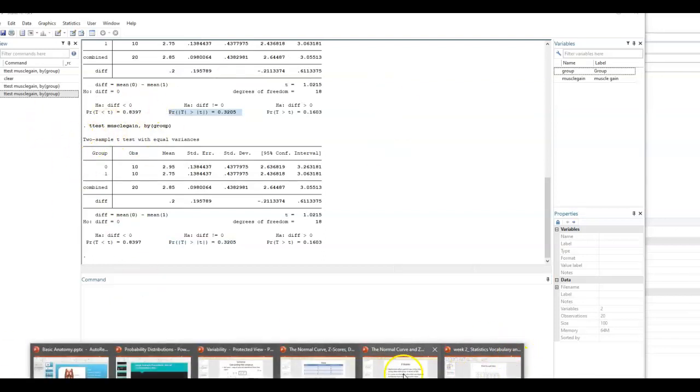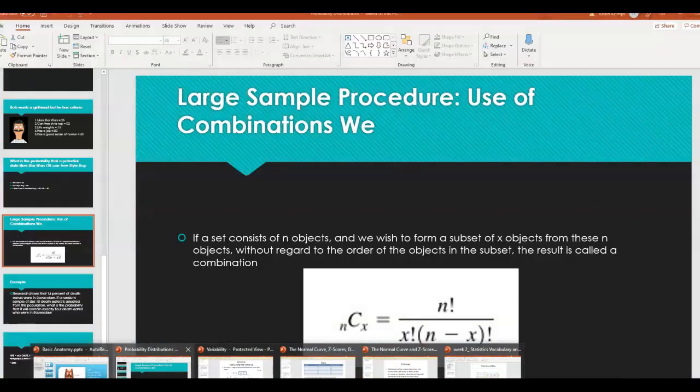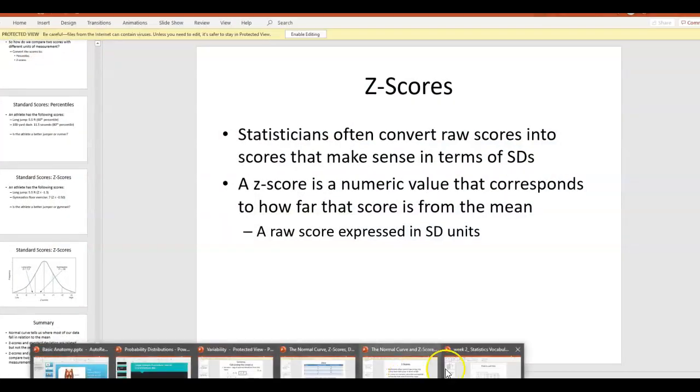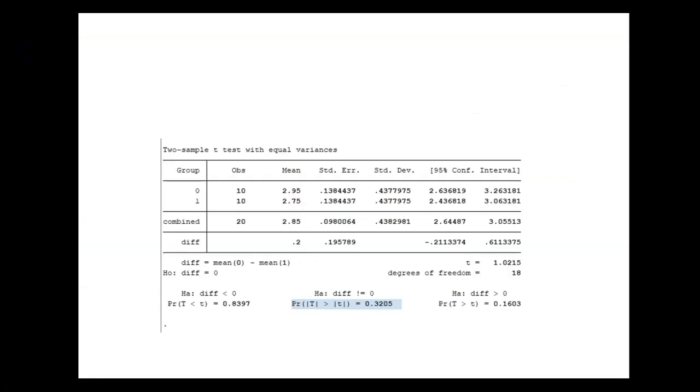So if we go back to our lecture, we can see that the p-value that we got was actually higher than 0.05. It's 0.32. And if you can see right here, we have a mean of 2.95 for the first group, and then for the second group, we have a mean of 2.75.